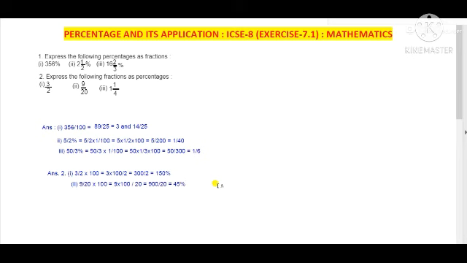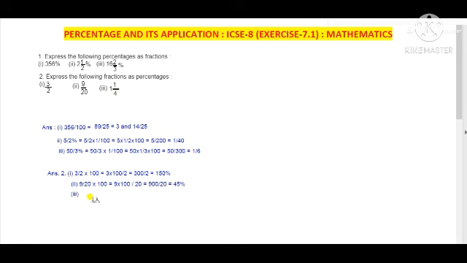Okay, now answer 3. 1 and 1 by 4: 4 into 1 means 4 plus 1, 5.